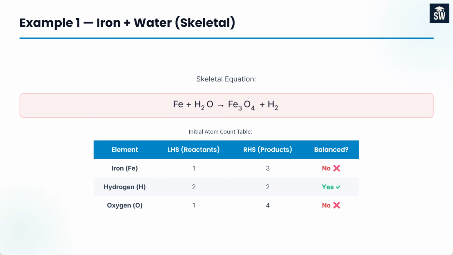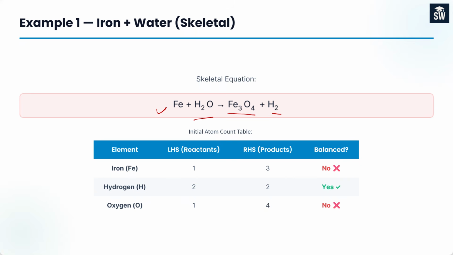Now let us consider one example of how to solve properly, step by step. The example is given: iron plus water gives Fe3O4 plus H2. So here you have to write the first step as per the CBSE.